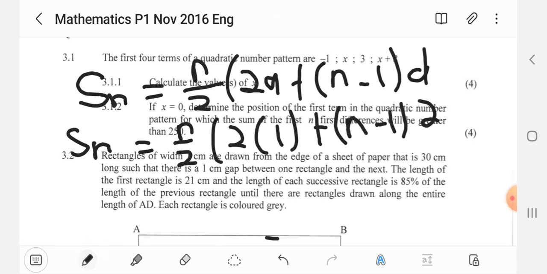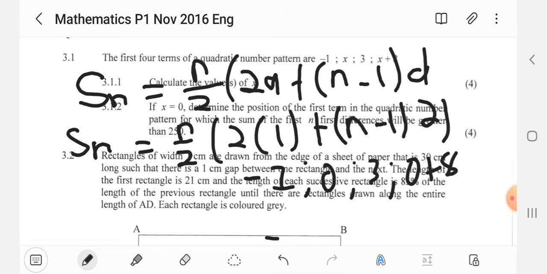So we did another pattern using the second difference. We have negative 1, right? And 0, because x is 0. And then 3. And then 0 plus 8.